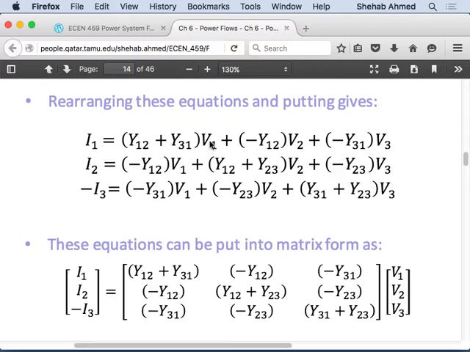I can have n go from 1 to 3, so I can cover the different voltages, V1, V2, and V3, and I have something that represents elements of this admittance matrix that I can take and plug into this equation. I can rewrite this in that fashion.